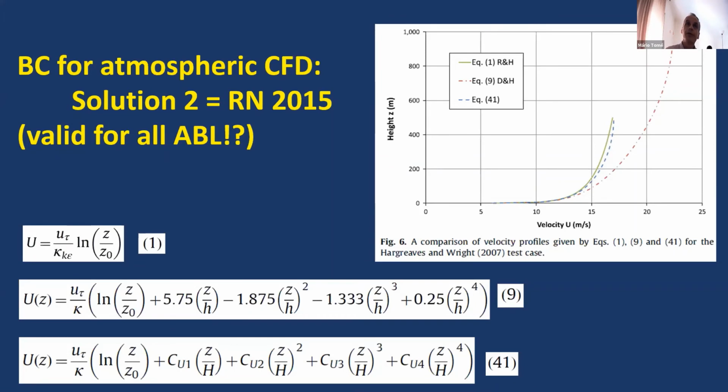And if we compare the velocity profile from the first set of equations, which is here equation number 1, and to equation number 9 and 41, this is from the paper of Peter Fischer's 2015, we get very different velocity profiles.